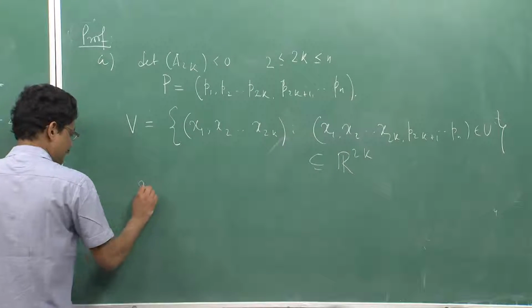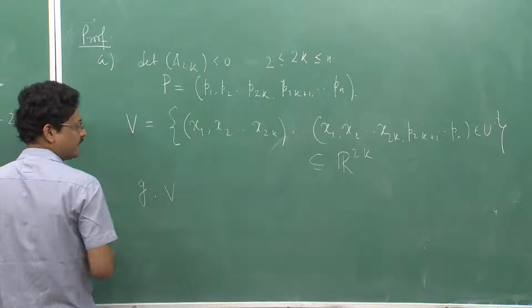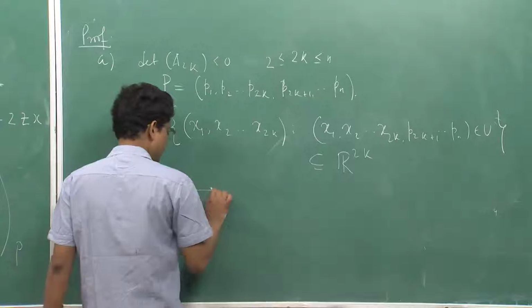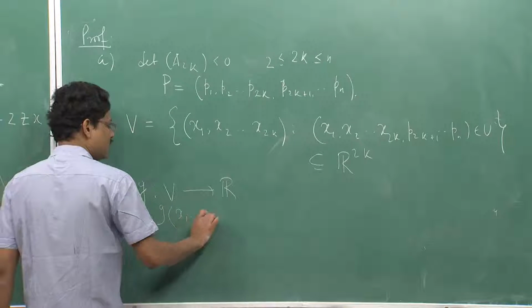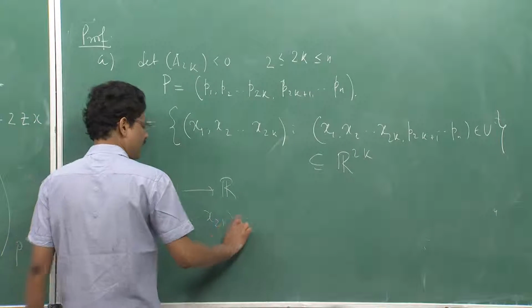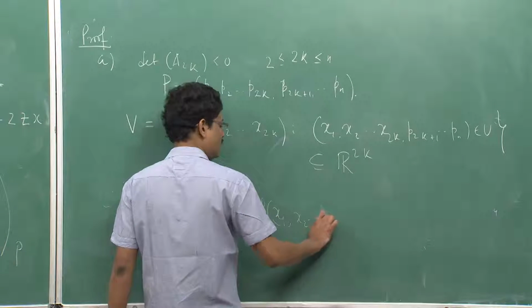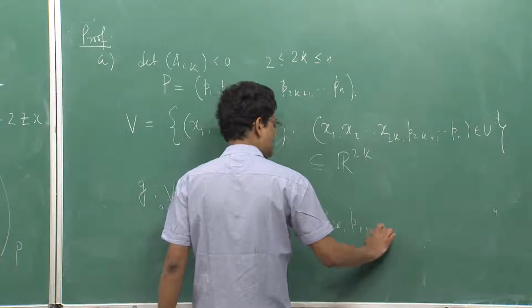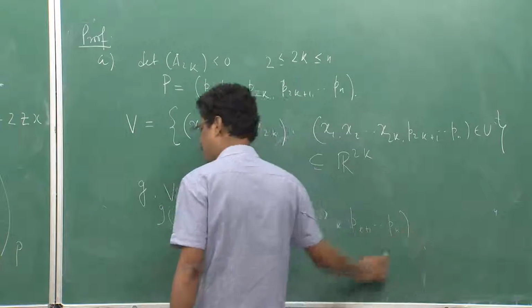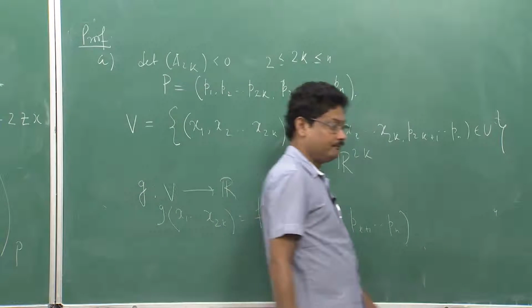And I define G from this V, which is an open set in R^2k, to R by G of (x1, ..., x2k) equal to f of (x1, x2, ..., x2k, p2k+1, ..., pn). Okay.